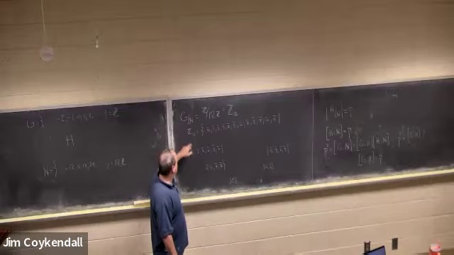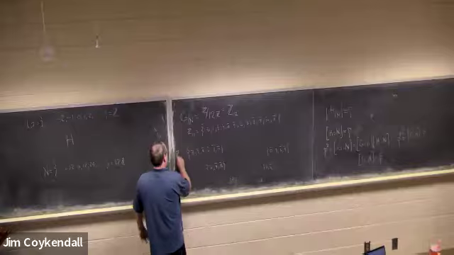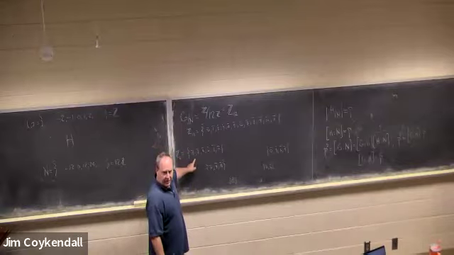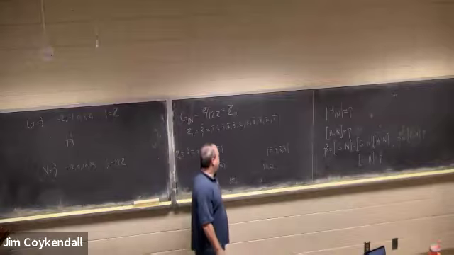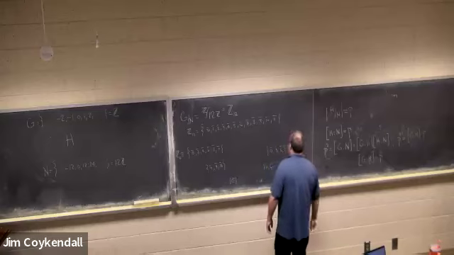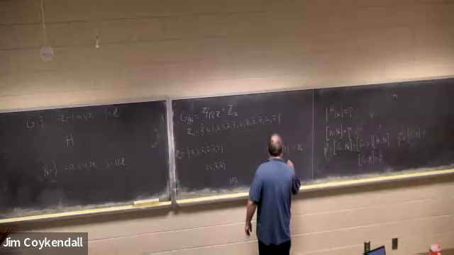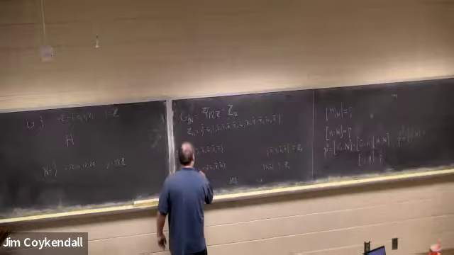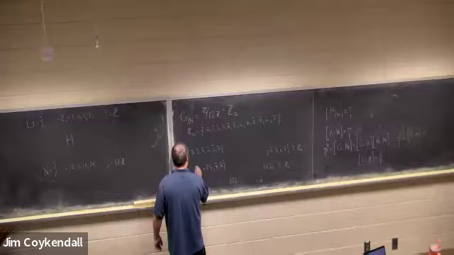So this is of size 12. This is isomorphic to C6, because it's cyclic with 6 elements, right? This is isomorphic to C4. This is isomorphic to C2. And this is isomorphic to C3.